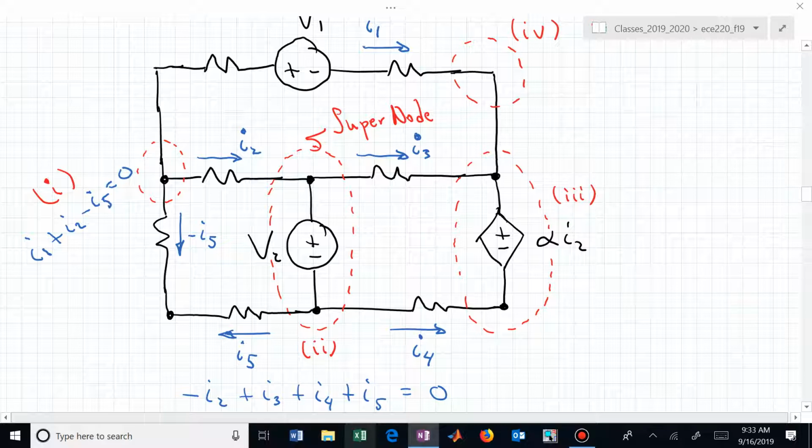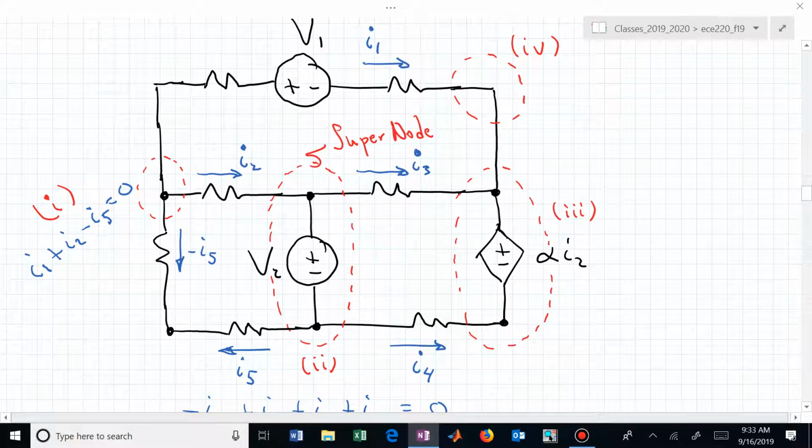And now let's do node 3. What's KCL for this closed boundary? Is I sub 3 leaving? Wait, I need to start with I1, don't I? All of these are coming in, so they're all going to have negative signs. This one is now minus I1 minus I3 minus I4 equals 0.